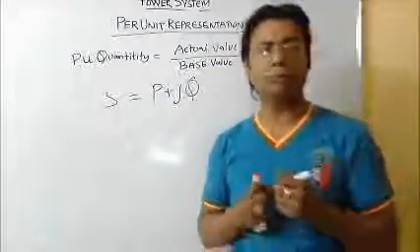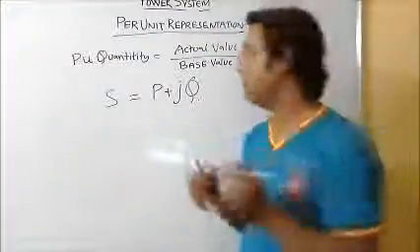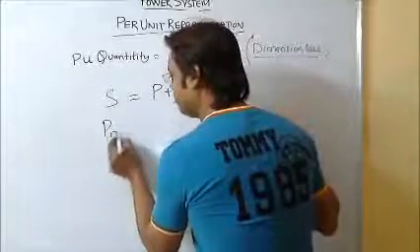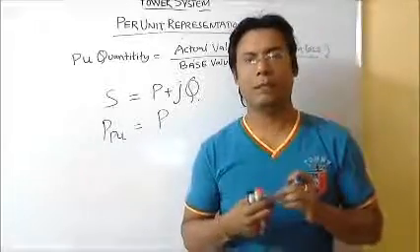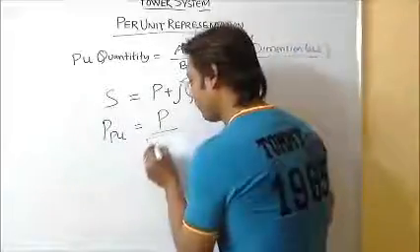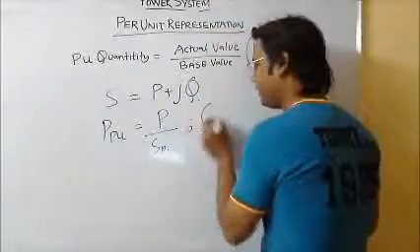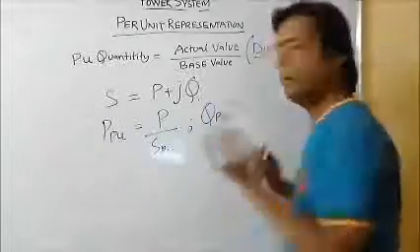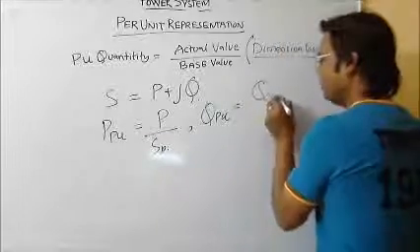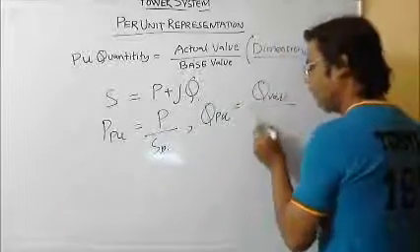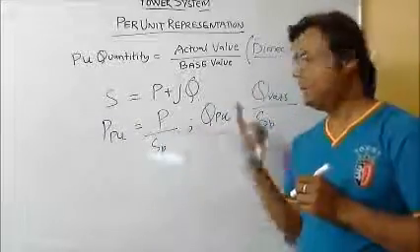How can the P per unit be defined? P per unit is P, the actual value in watts, divided by SB. In exactly the same way, Q per unit is defined as Q divided by SB. This is the per unit value of P and Q.